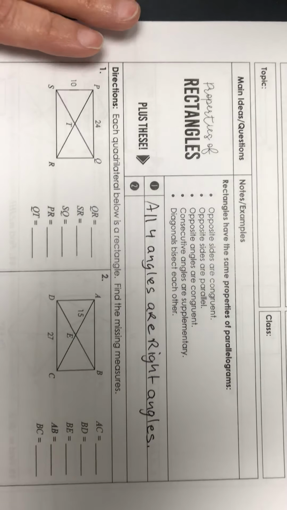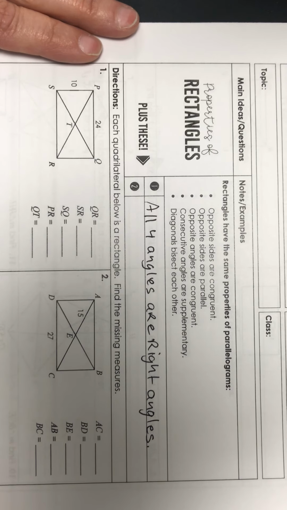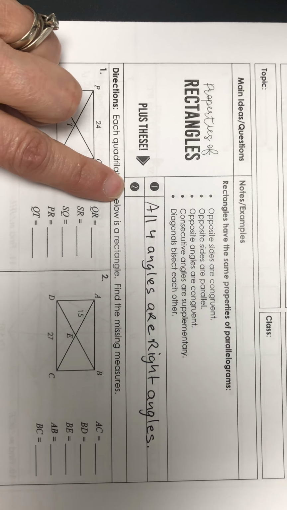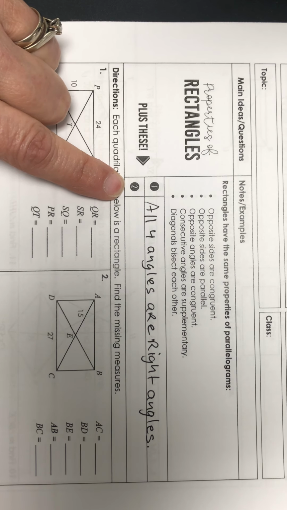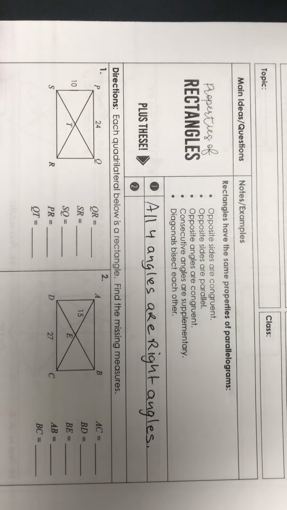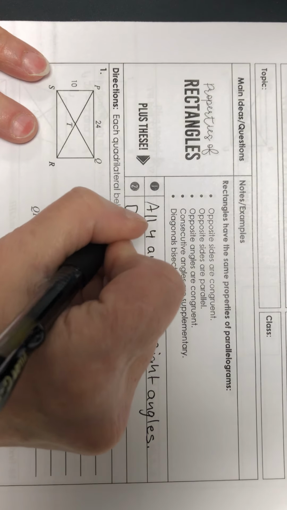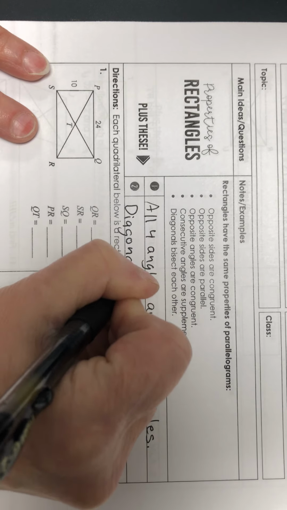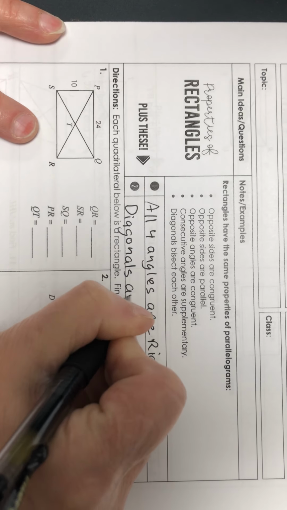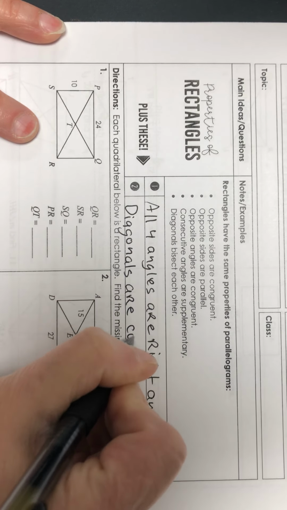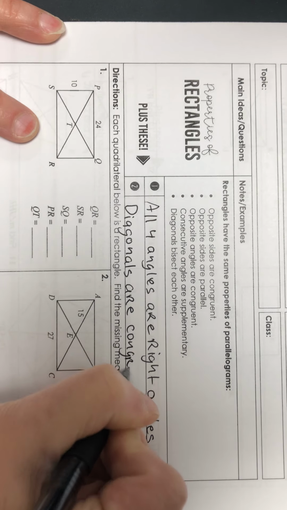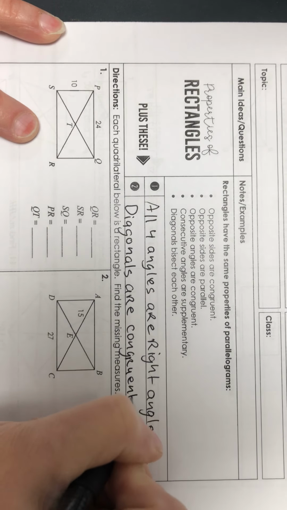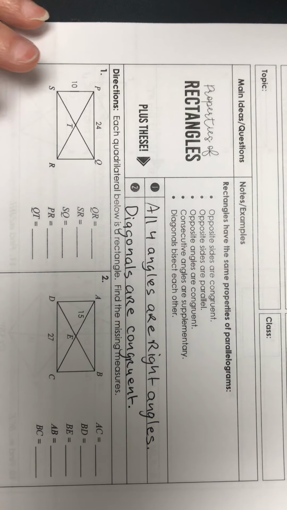Or 90 degrees. Okay, the other very special property of a rectangle is the diagonals are congruent. Okay, they're congruent.